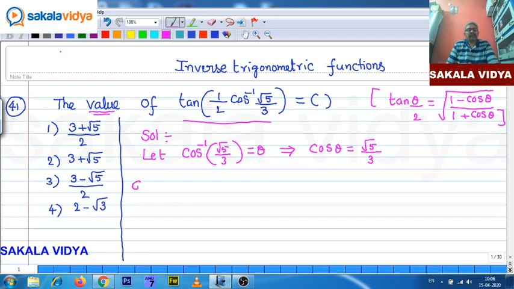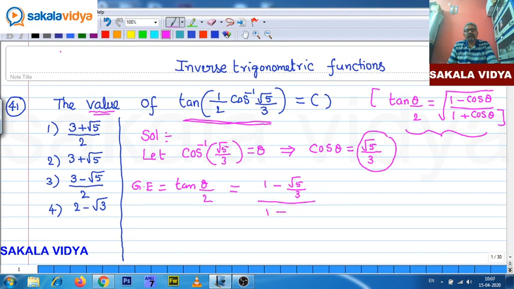Now the given expression becomes tan theta by 2, so we need to apply this formula now. So, this equals root of 1 minus cos theta, the value is root 5 by 3, upon 1 plus root 5 by 3.